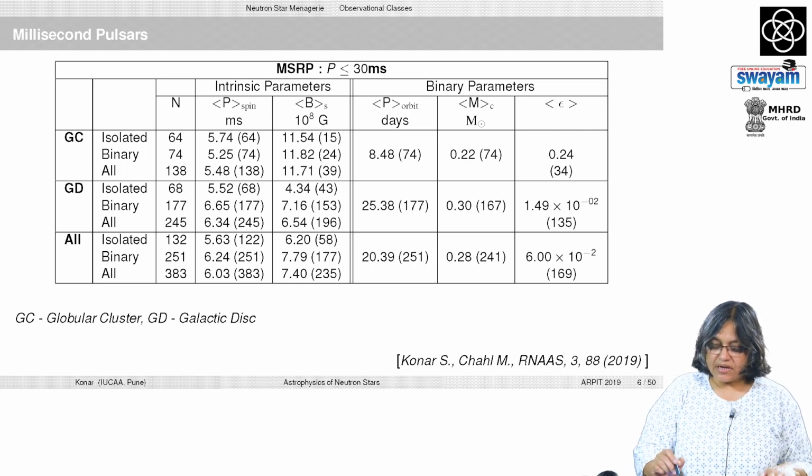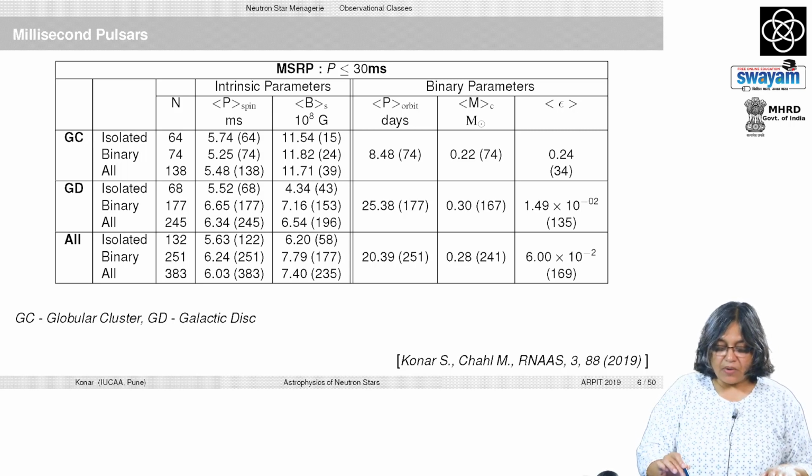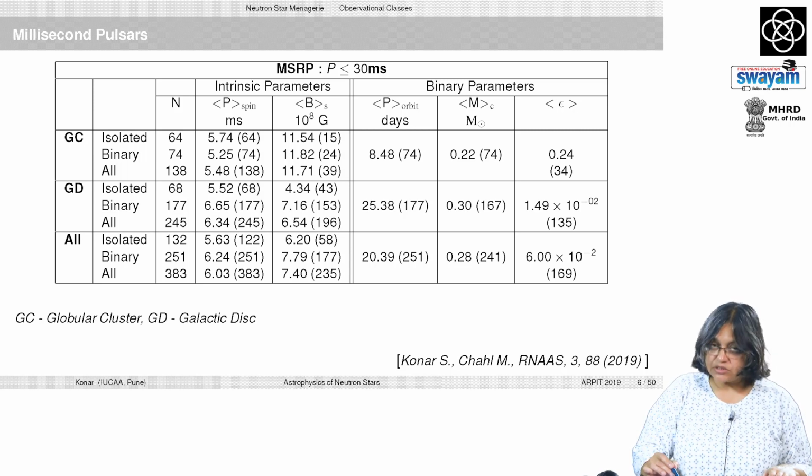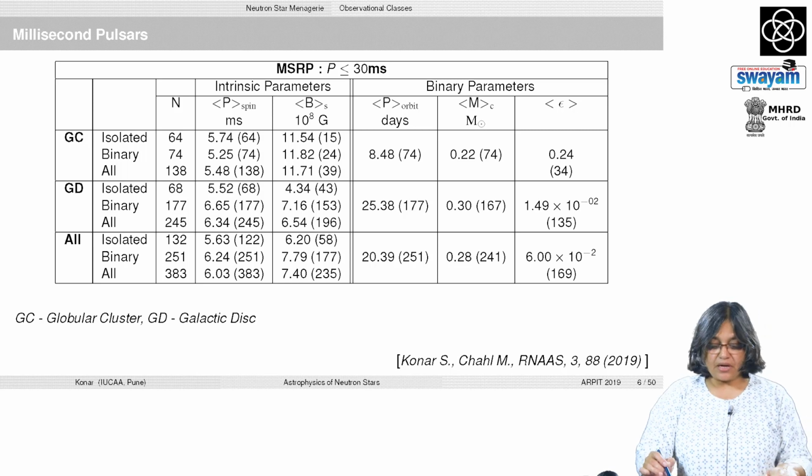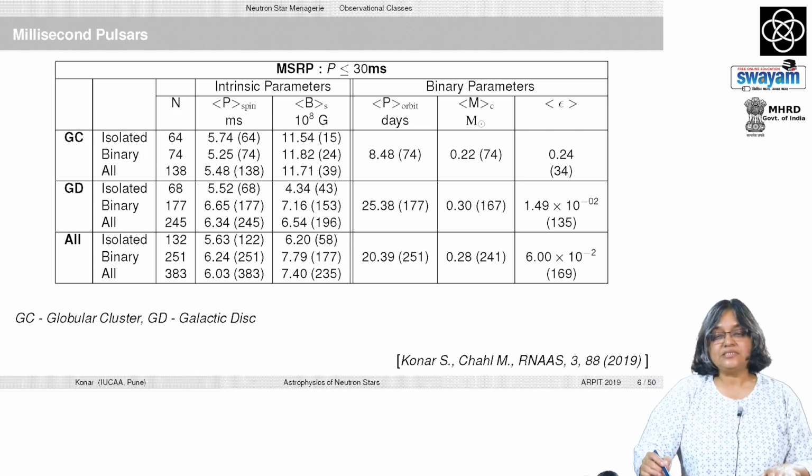There are various other parameters measured in this column, and one can clearly see that the orbital periods are very different from the cluster objects to the disk objects. Even though the masses of the companions are similar, the eccentricities are again very different.